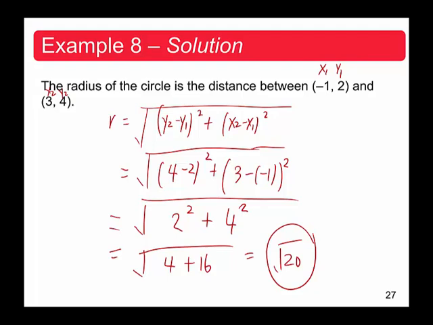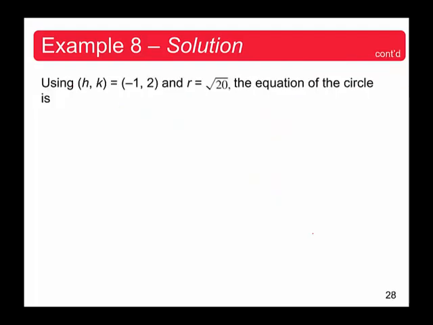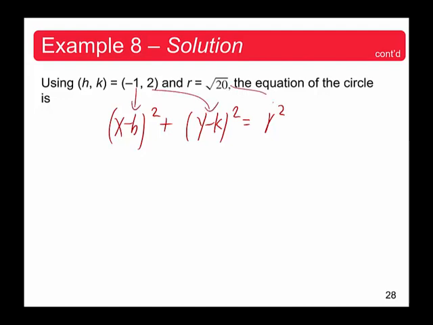So now we know the center, we know the radius. Okay, and we'll be able to write the equation of the circle, right? So (x minus h) squared plus (y minus k) squared equals the radius squared. So h goes in here, k goes in here, radius goes in here. So you get (x minus -1) squared.